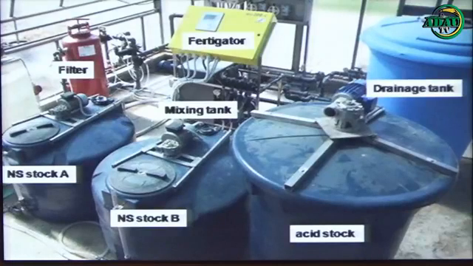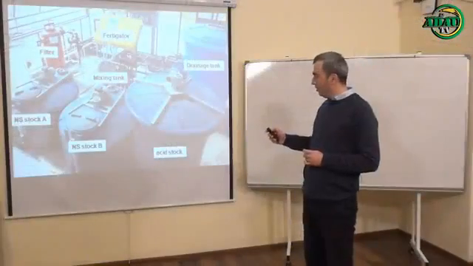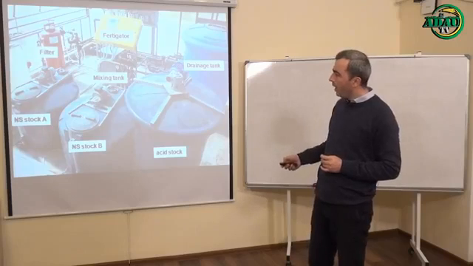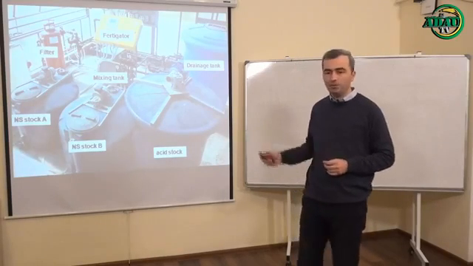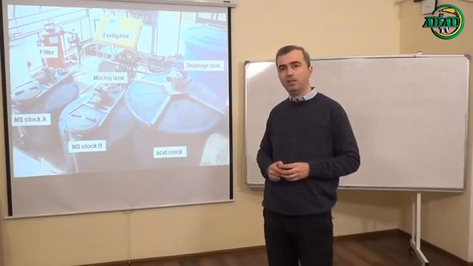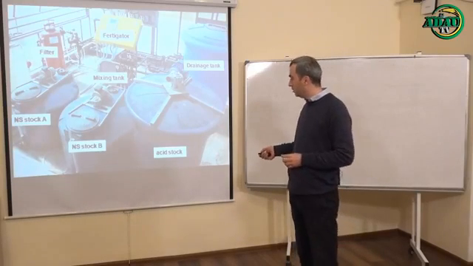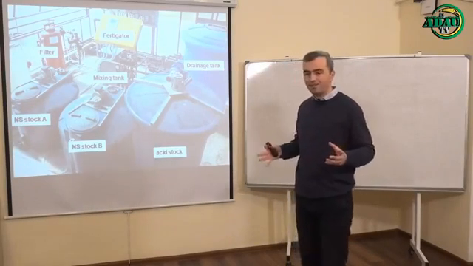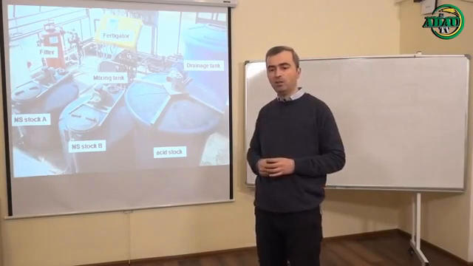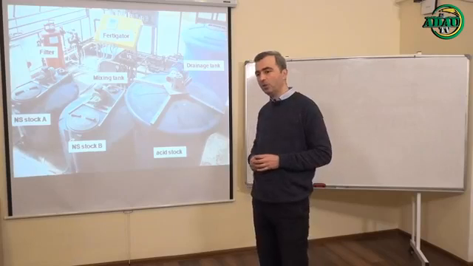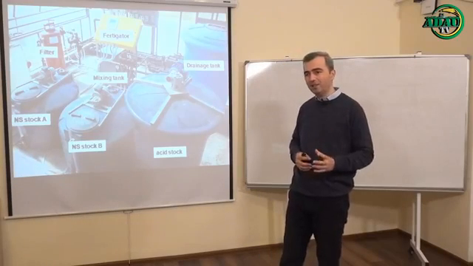Usually the hydroponic system has a section where we can see the big tanks where stock A, stock B and stock C are present. Stock C, even from the name, is where acids are collected, and acids are very important in order to purify the system, in order to reduce the alkalinity of the system.